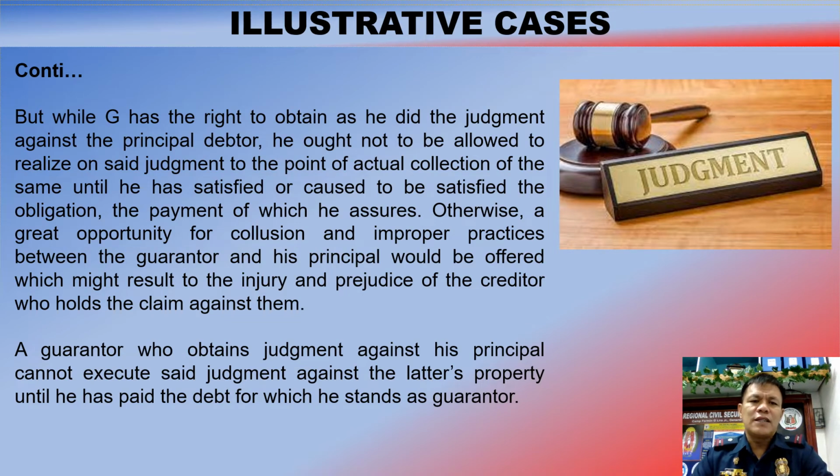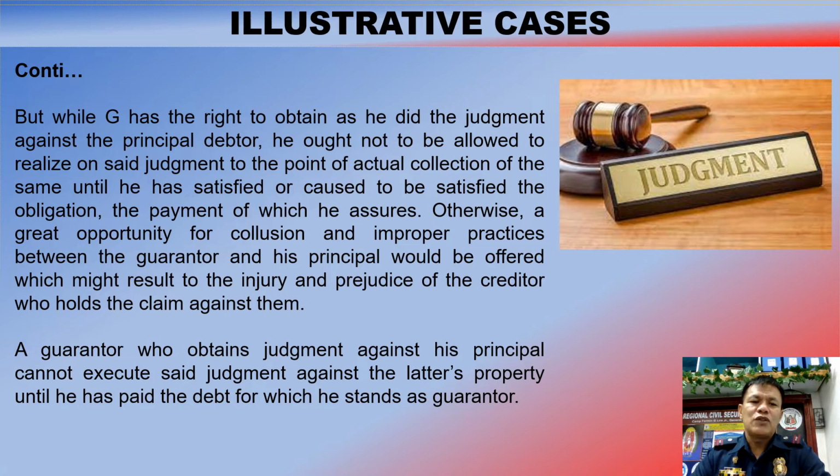But while G has the right to obtain, as he did, the judgment against the principal debtor, he ought not to be allowed to realize on said judgment to the point of actual collection of the same until he has satisfied or caused to be satisfied the obligation, the payment of which he assures.